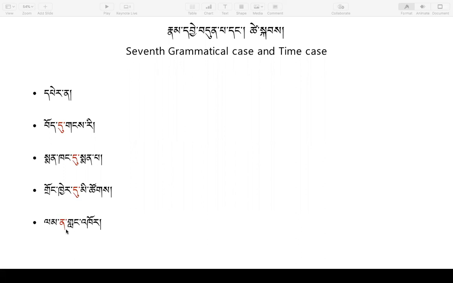Then Lamna, Langkhor. Lam, that is the road, and Na, which in this case becomes on. And Langkhor is bus, so bus on the road. The position is the road.